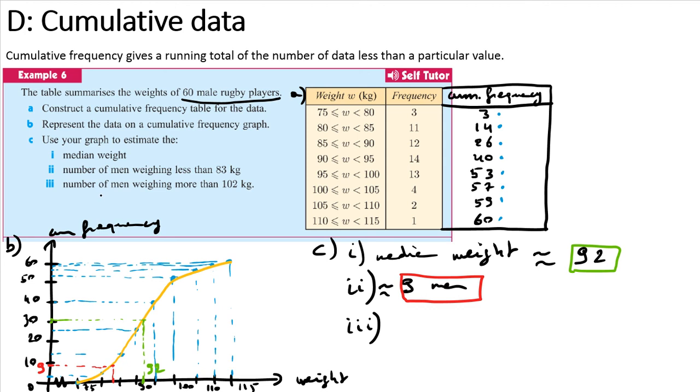And now we have to estimate the number of men weighing more than 102 kilograms. So 100 is here, so 102 must be somewhere here. Okay, that's not clear, but if we go like this, it must be somewhere in the middle. We know that this one is 57, this one is 53, so we have 55.